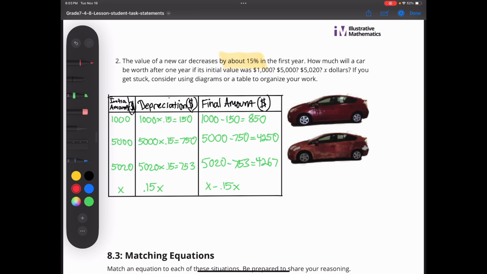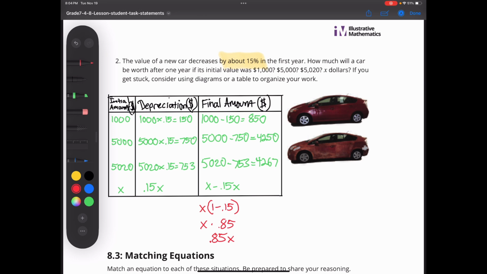And you can rewrite that. You can factor out the x. So it'd be x multiplied by 1 minus 0.15. And then you could simplify that to x times 0.85. And you write the decimal first. So 0.85 times x. The variable is always after the coefficient.